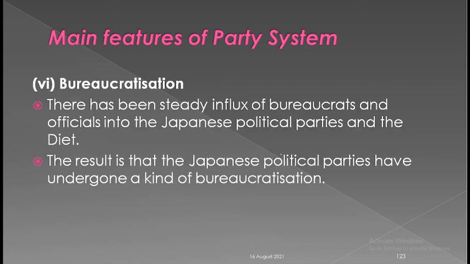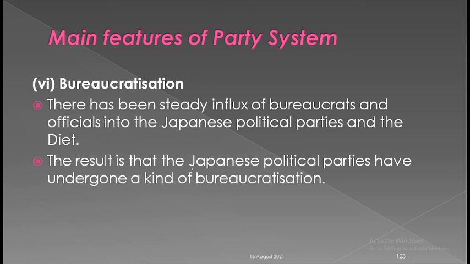Bureaucratization. There has been a steady influx of bureaucrats and officers in the Japanese political system and the Diet. More and more bureaucrats or officers have entered into politics and have become members of the Diet.